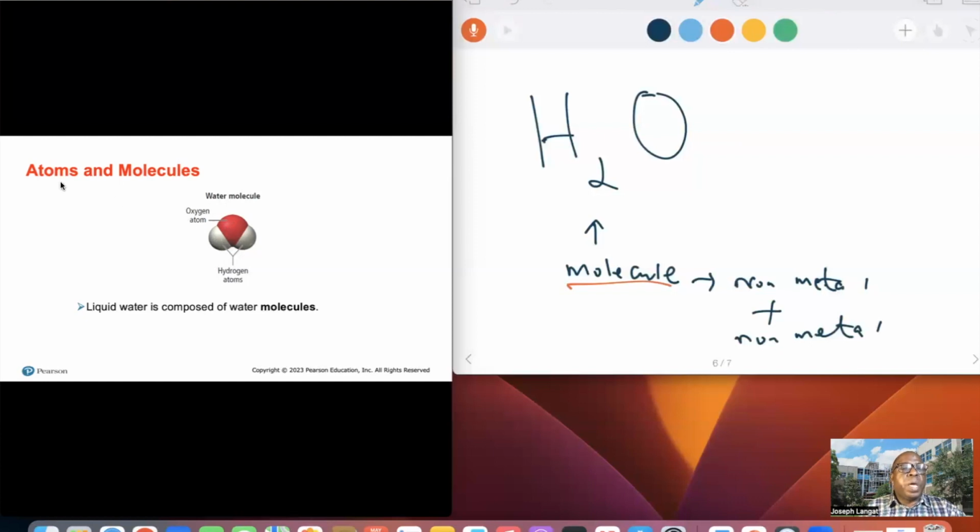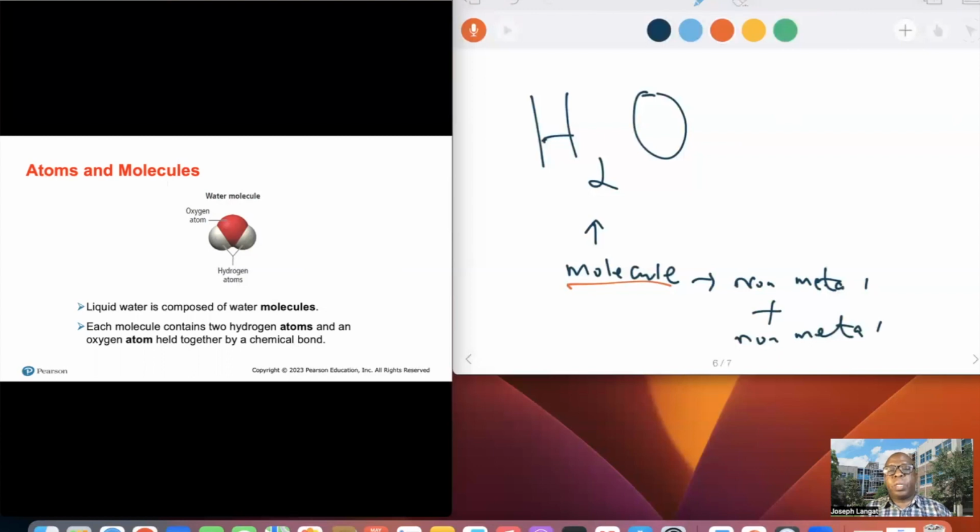Now, the point here is, what is the difference between an atom and a molecule? This is a molecule consisting of three atoms, two hydrogens and one oxygen atom, representing the water molecule. In each of the molecules of water, two hydrogen atoms and an oxygen atom are held together by a chemical bond.